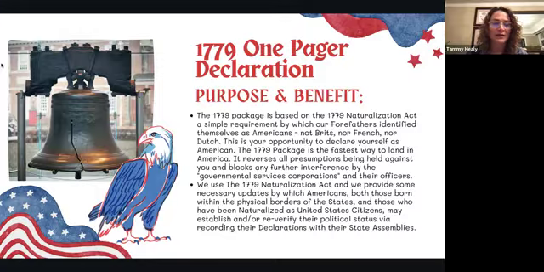This is when you use the recording secretaries to record your documents and upload them and make it a published document so that you are properly declared.